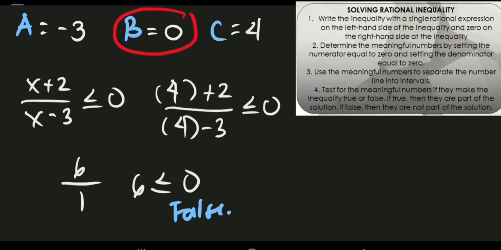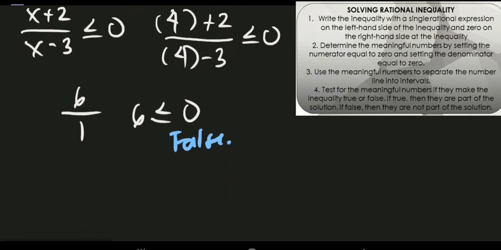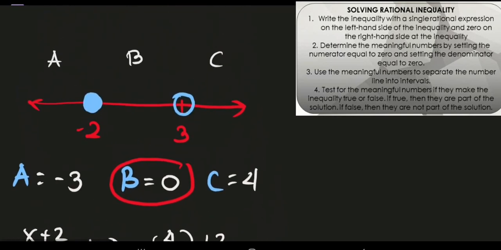So for step number 5, just write the answer for this given problem in interval notation. If interval letter B is part of our solution and you want to use the number line to represent your answer, just shade this given part.